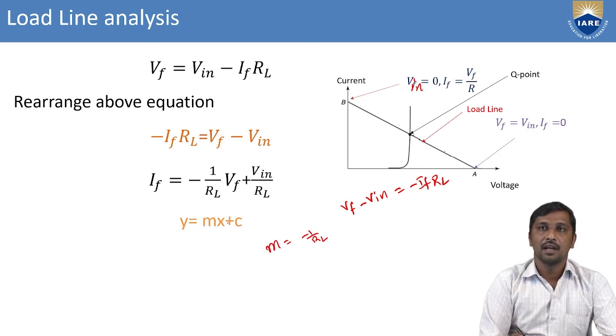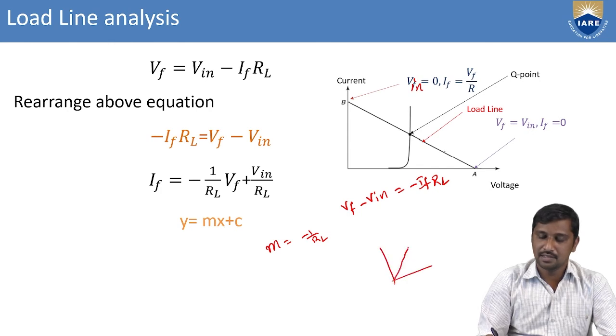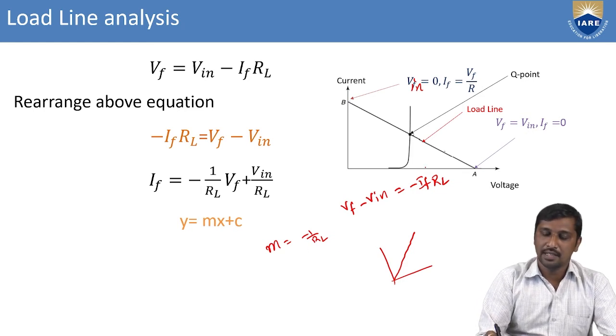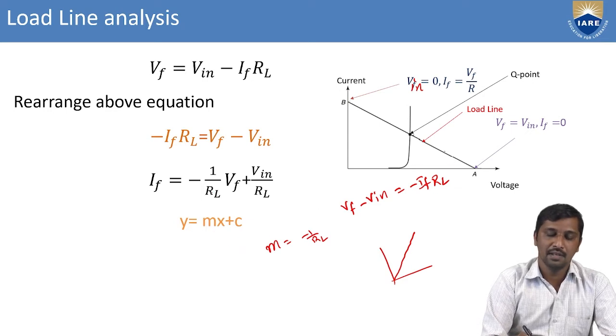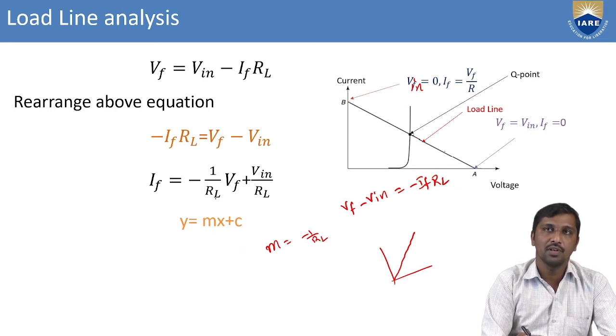Here, the resistance is linearly represented as a linear curve, but the reciprocal of this resistance is nothing but your DC load line. What is the m parameter? This is the reciprocal of your load resistance, 1 by RL.